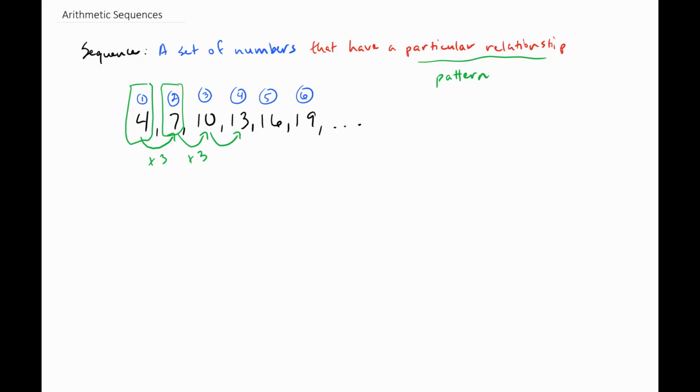And if I want to get from one term to the next in any of these, I'm just going to add 3. So this is what is called a common difference. Now, when we're talking about lines, there's actually another name for it, and that is the slope.